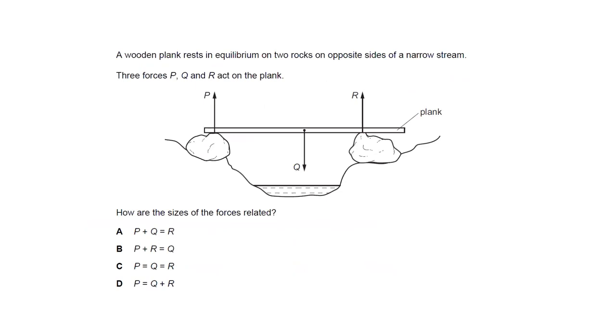Okay, another question. A wooden plank rests in equilibrium on two rocks. Three forces are acting. How are the sizes of the forces when it is in equilibrium? Equilibrium means it is balanced. When it is balanced, there are two conditions.